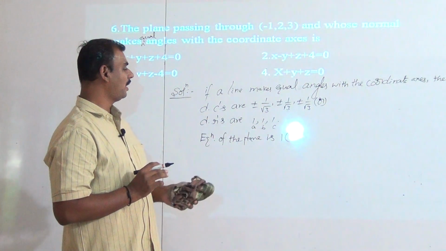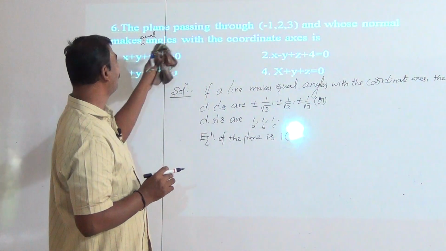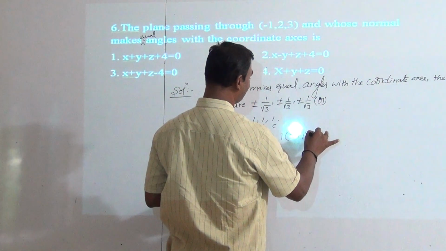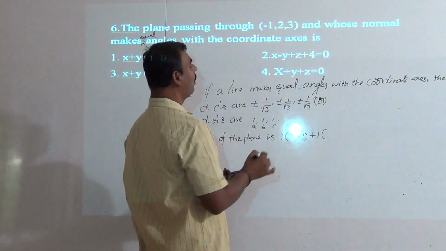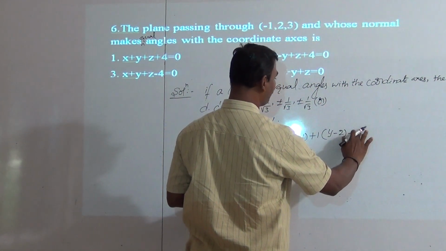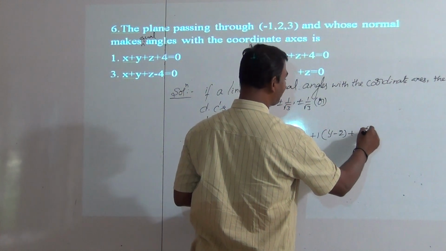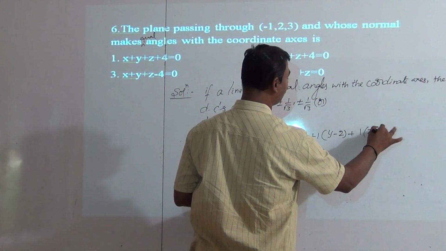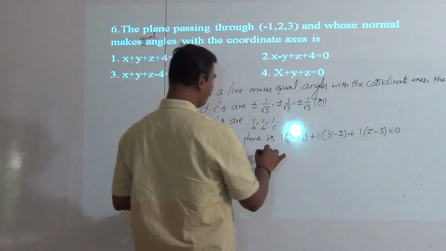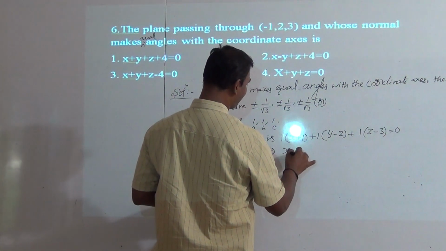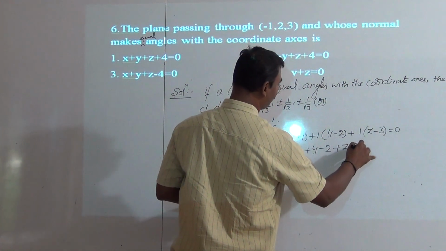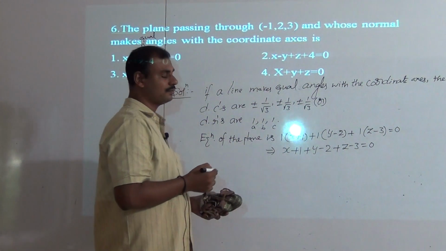So the equation of the plane is 1 into (x plus 1) plus B, which is 1, into (y minus 2) plus C, which is 1, into (z minus 3) equals 0. Simplify: x plus 1 plus y minus 2 plus z minus 3 equals 0.